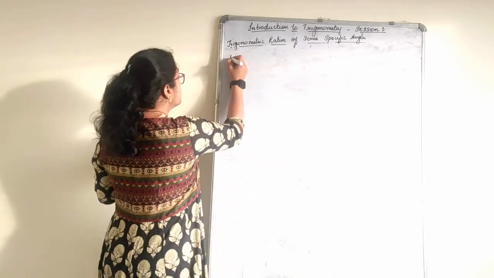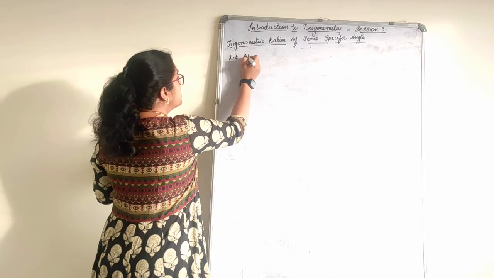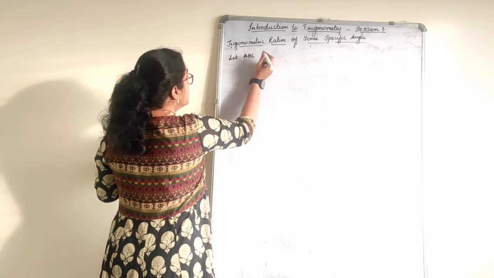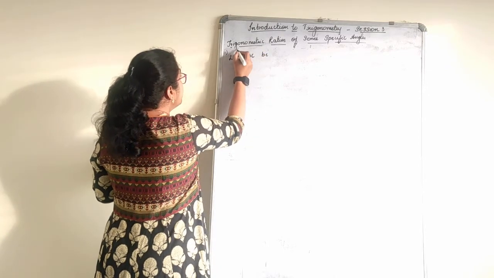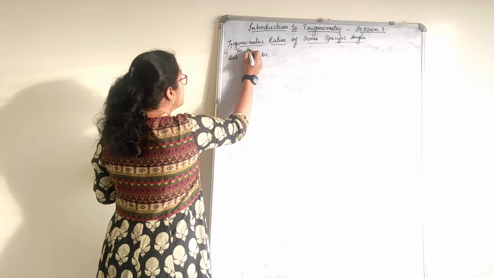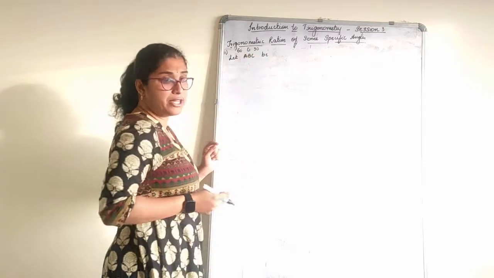So let ABC be, okay, second one you can give for 60 degree and 30 degree, you can mention.